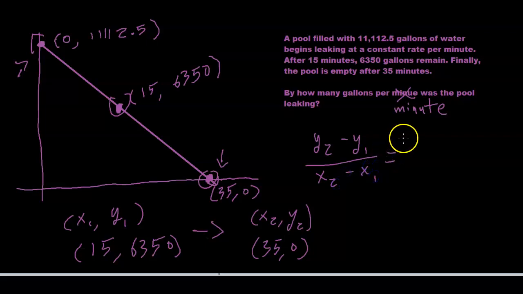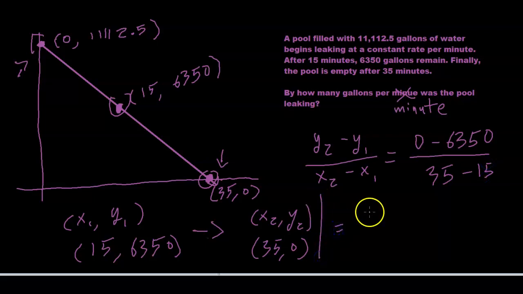And y2 minus y1 is actually 0 minus 6,350, right? x2 minus x1 is 35 minus 15. Okay, let's calculate that. 0 minus 6,350, that's pretty easy. That's negative 6,350 divided by 35 minus 15, that's 20, right?